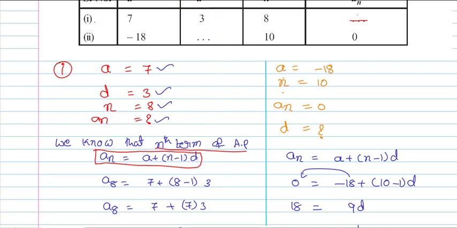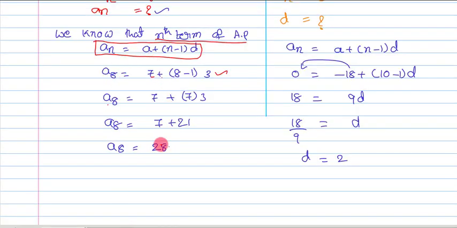By using this formula, we find a8. a8 is equal to a plus (8 minus 1) into d, that is 7 plus 7 into 3. 7 into 3 is 21, and 7 plus 21 is 28. That means the 8th term of the first question is 28.